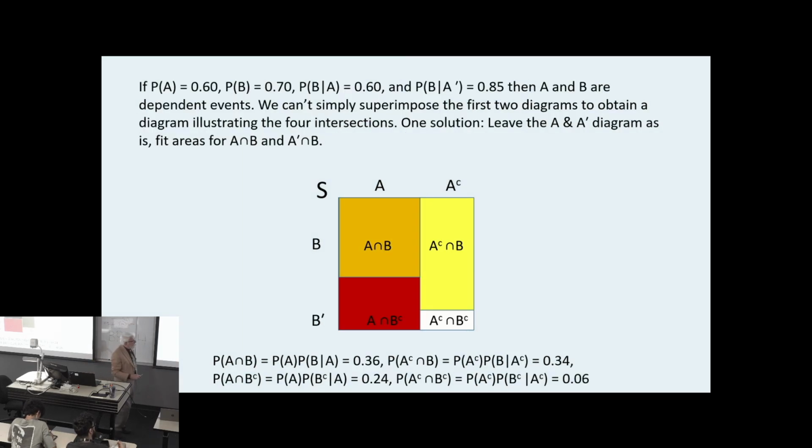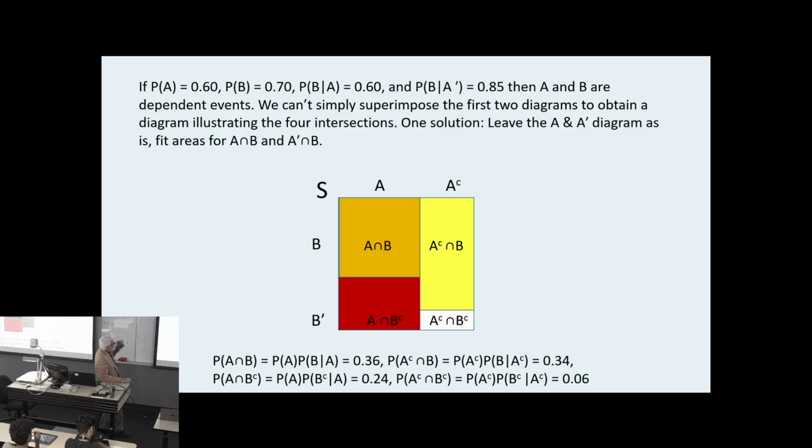if we have a situation where we have non-independence, we have a trickier diagram to draw. There's a couple different things we can do. I'm going to keep it as rectangles. So what we're going to do here is set, again, the probability of A and the probability of B as they were for the first case where they were independent. But now I'm going to give a couple conditional probabilities, which are not the same as unconditional probabilities.